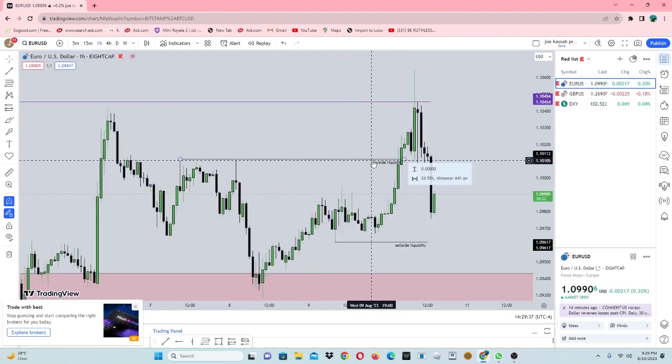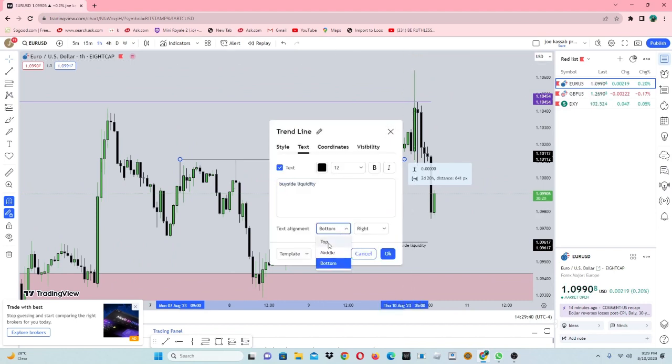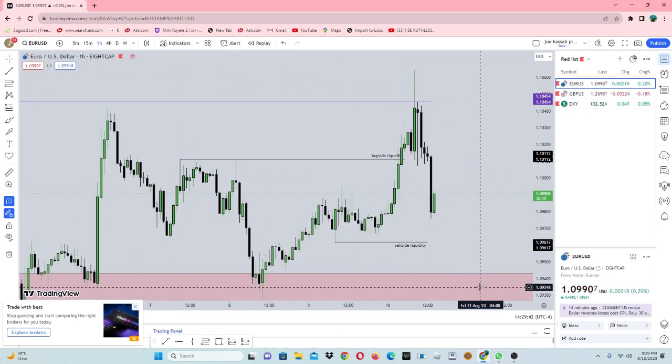So now everything was clear to me, but I needed a 50% retracement area into the sell side liquidity.